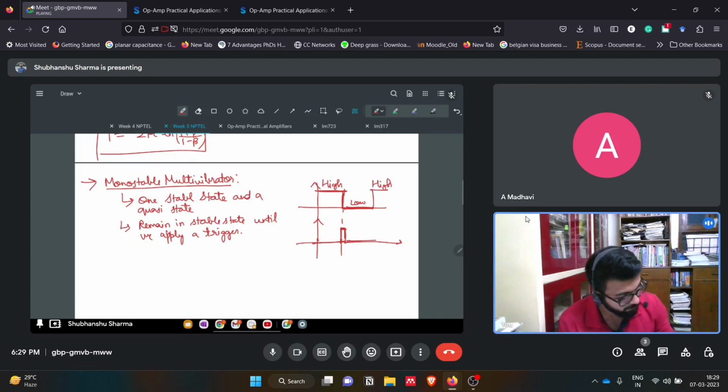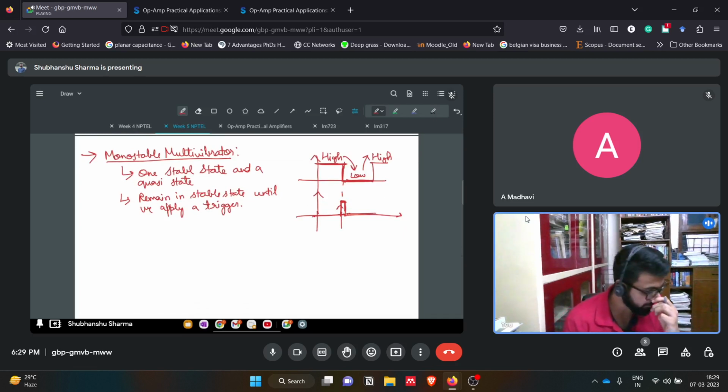So here we just applied a trigger one time, then the op amp changes state from high to low, then automatically it changes from low to high after some time. So this is how the monostable multivibrator operation looks like.